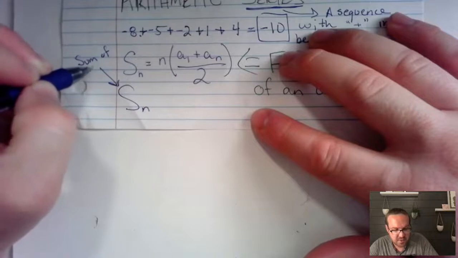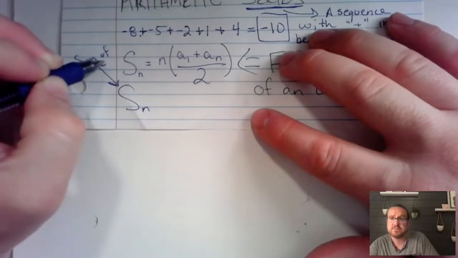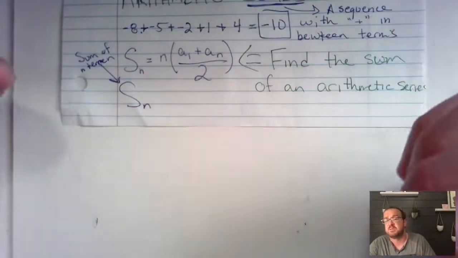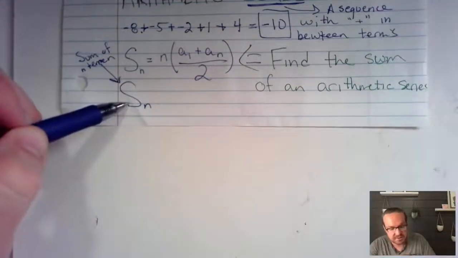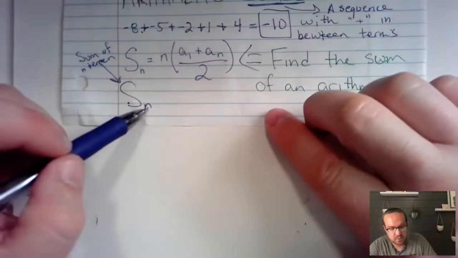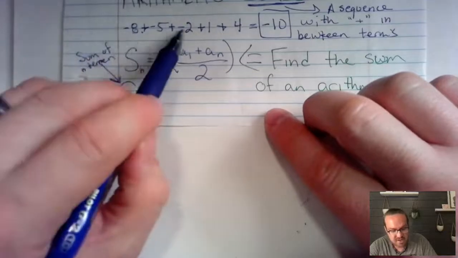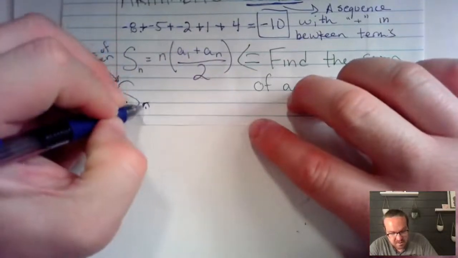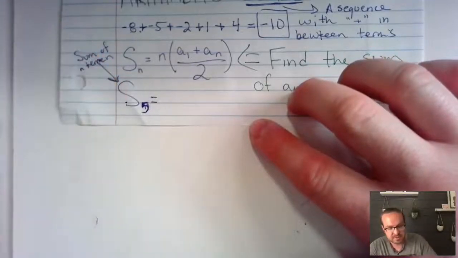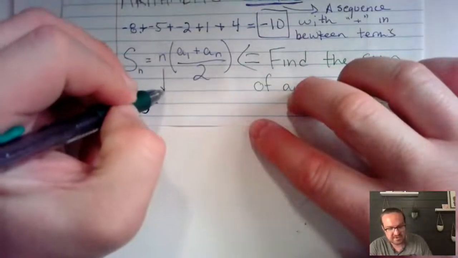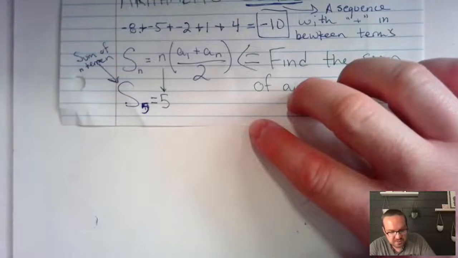A sub n is the answer of n terms, or just this particular term that we're looking for, but the S represents the sum. So think about this. How many terms am I trying to find? 1, 2, 3, 4, 5. So the sum of 5 terms, notice that's what this one is, right? 5, it's just the amount of terms.